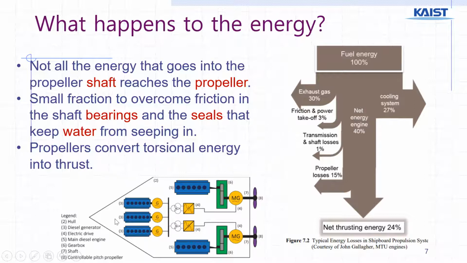There is an engine. These three engines are only for electricity generation, but these bigger two engines are the main engines. So they can propel two propellers, and there is a gear box so that they can change the RPM of the propeller.